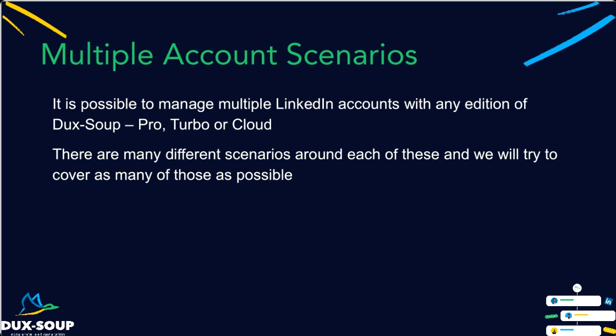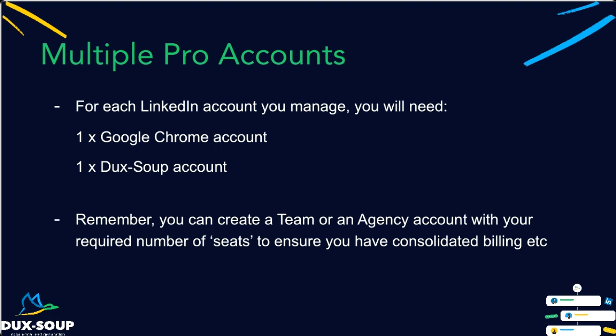So starting off with Dux-Soup Pro, if you were to use our Dux-Soup Pro version of our tool, what you'd need to do is create a Google Chrome account, then download Dux-Soup to that Google Chrome account. You'll be able to visualize this here in a second, so I'll walk through that.